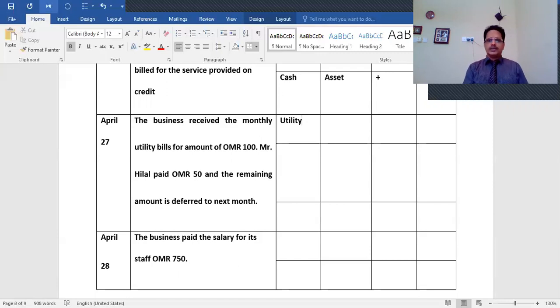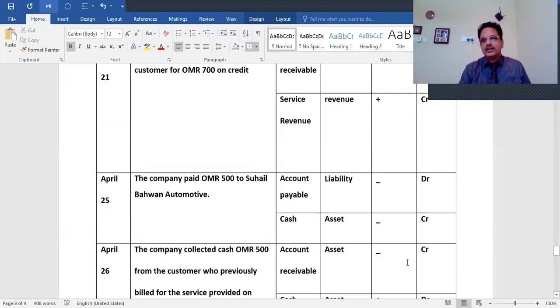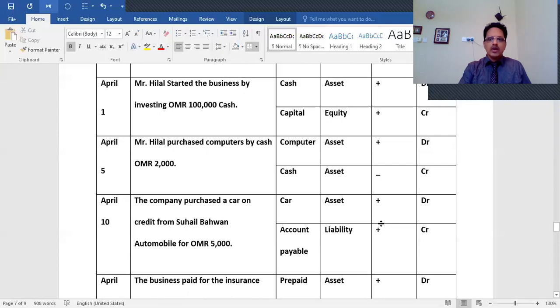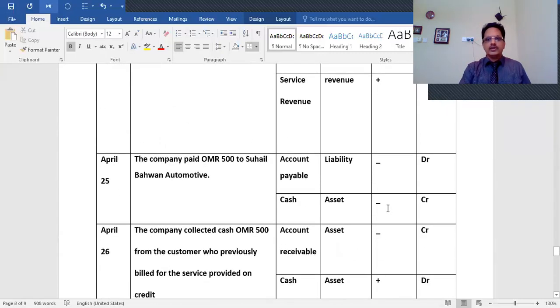So utility is an expense. How much is this? If there is a triple compound entry, it is better to write the amount also, as I told you.